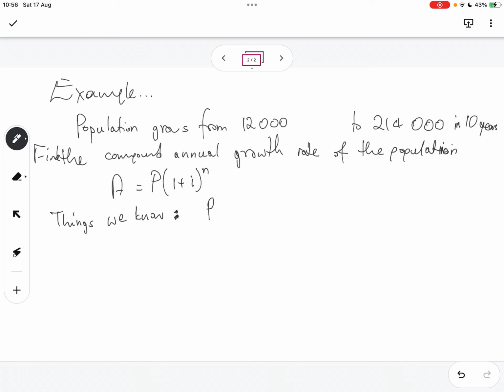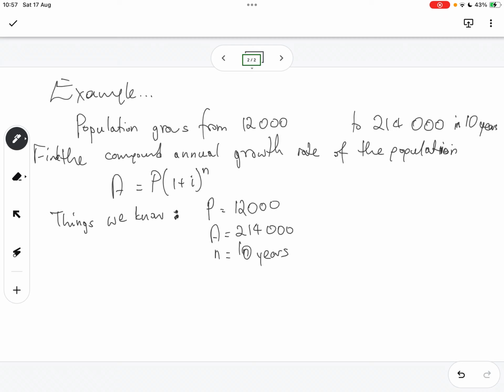I think 12,000 is P, and 214,000 is A. Okay, so principal is 12,000, that's very good, and then final would be 214,000. And what does this 10-year period represent on the formula?